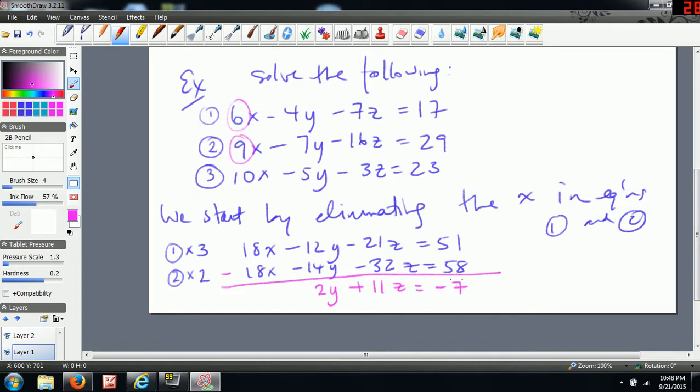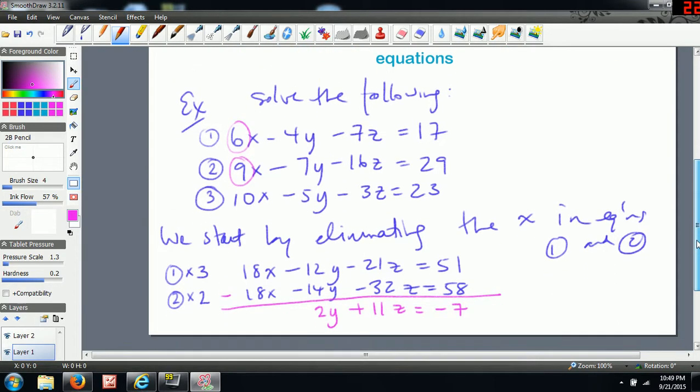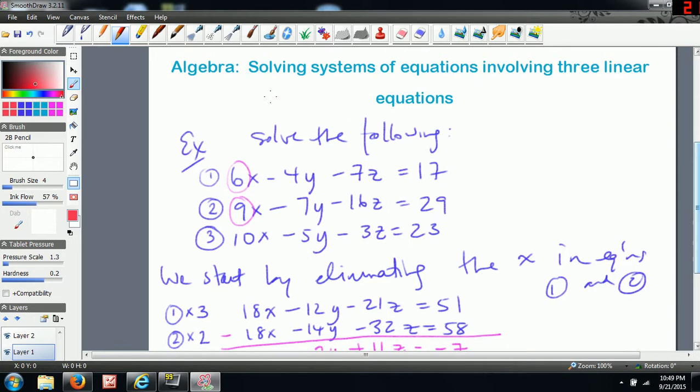Now, we do the same thing for equations 1 and 3. So the second step is to eliminate x in equations 1 and 3.